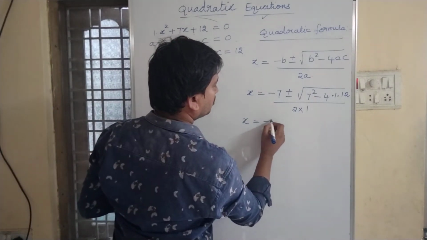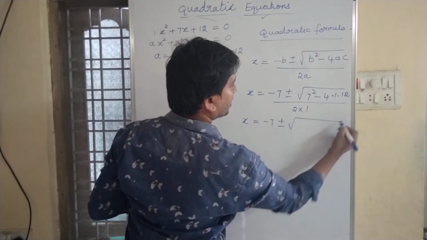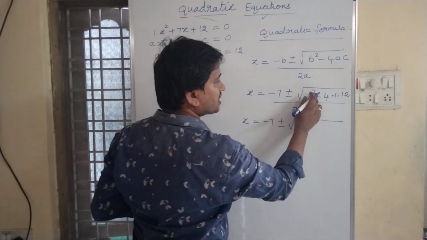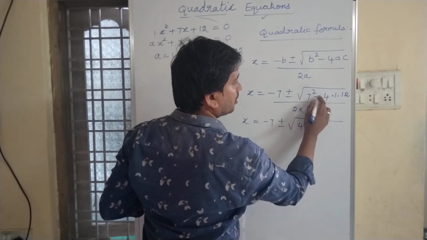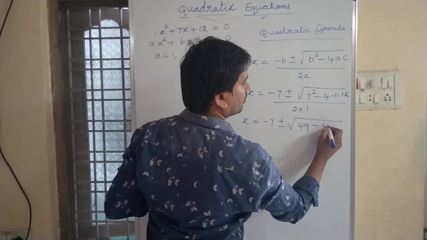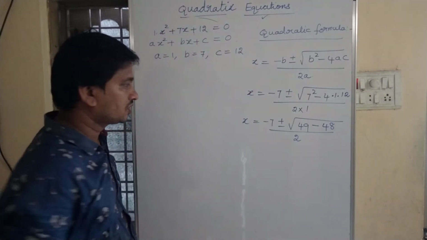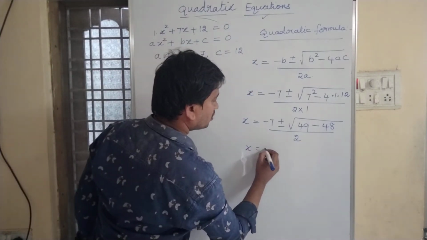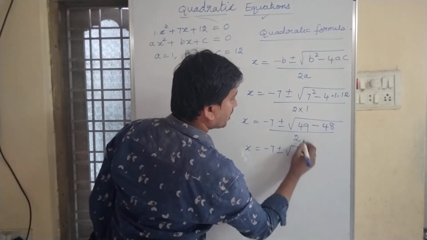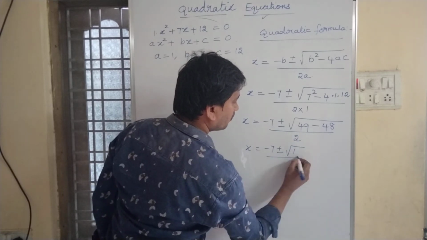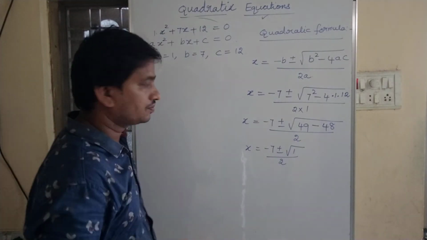So x is equal to minus 7 plus or minus, what is 7 square? 7 square is 49 minus 4 twelves are 48, by 2 ones are 2. So that is x is equal to minus 7 plus or minus square root of 49 minus 48, 1, by 2.